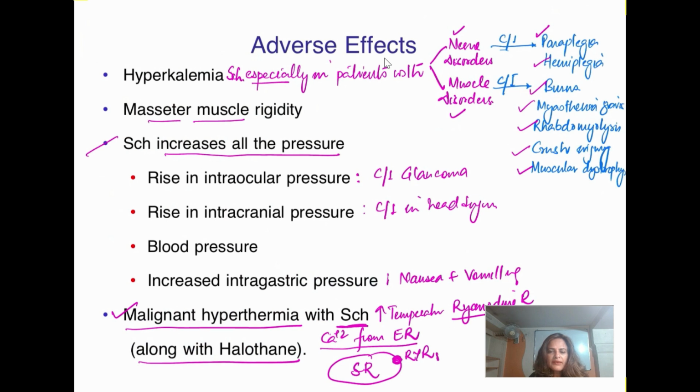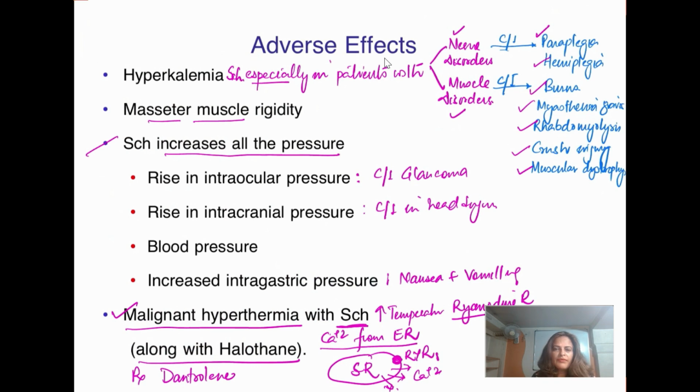Here there is a continuous release of calcium and that leads to muscle contraction. The treatment of choice is dantrolene. This is a directly acting muscle relaxant. It prevents this release of calcium from the sarcoplasmic reticulum. So that's all about the adverse effects.